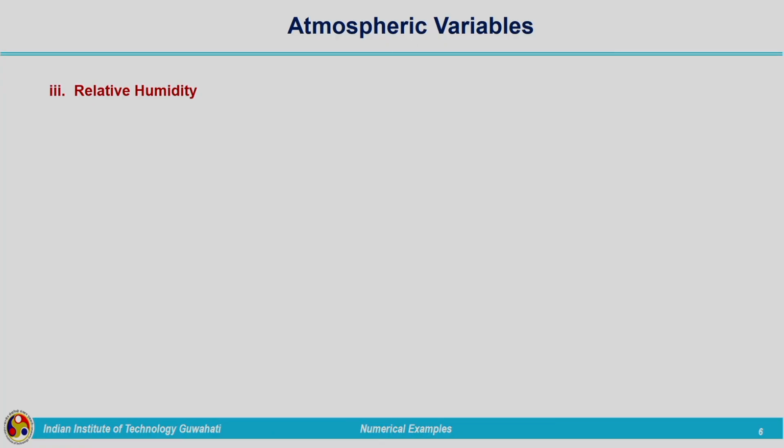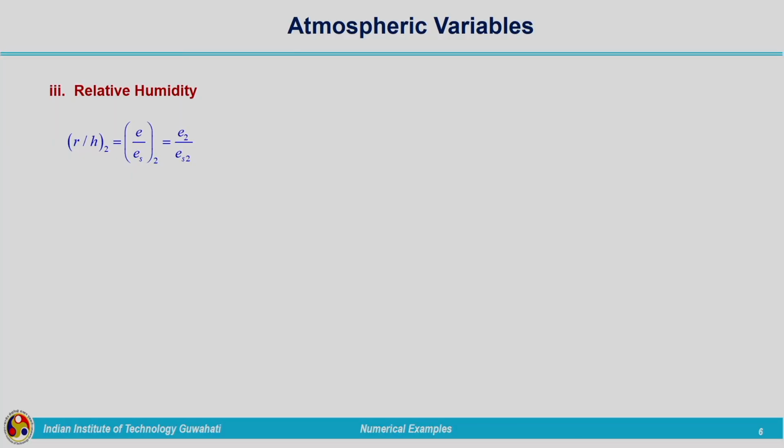Next is relative humidity. We need to calculate the relative humidity. We know the relationship for the calculation of relative humidity. What is the expression for relative humidity? Relative humidity at section 2 is given by E by Es at section 2, that is E2 divided by Es2. We have the value corresponding to E2.